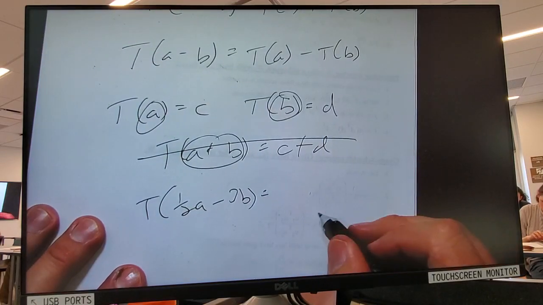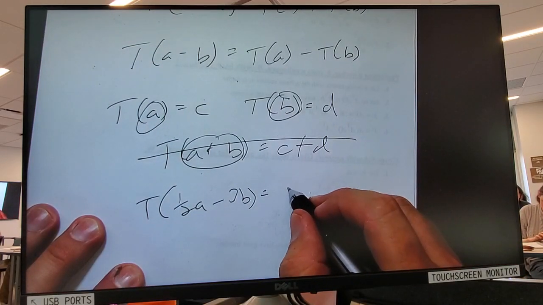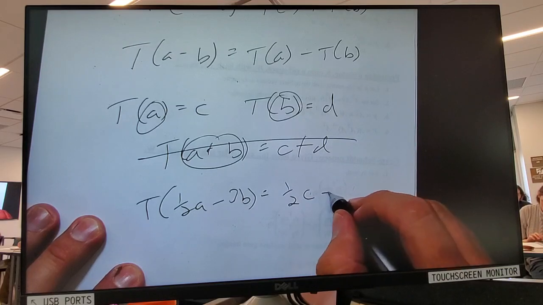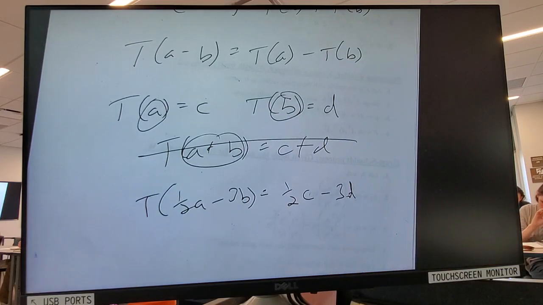What would that be? Yeah, because again, linearity. Scalar multiples of inputs become scalar multiples of outputs, yes? It's a long way to say T of cb equals c T of b.